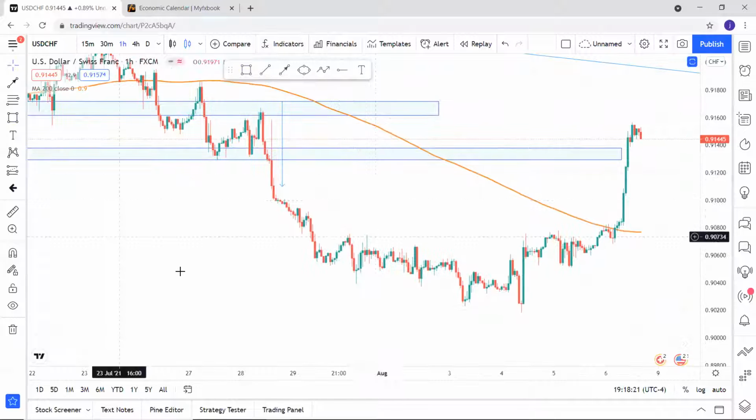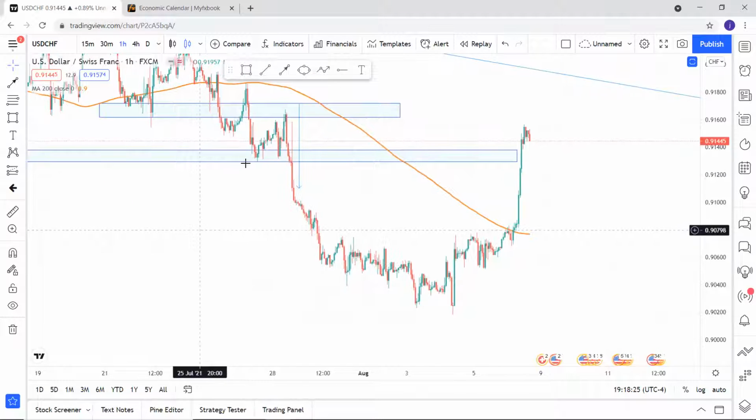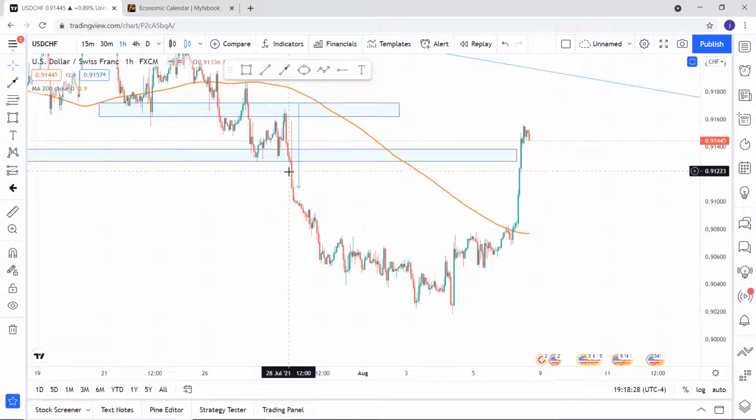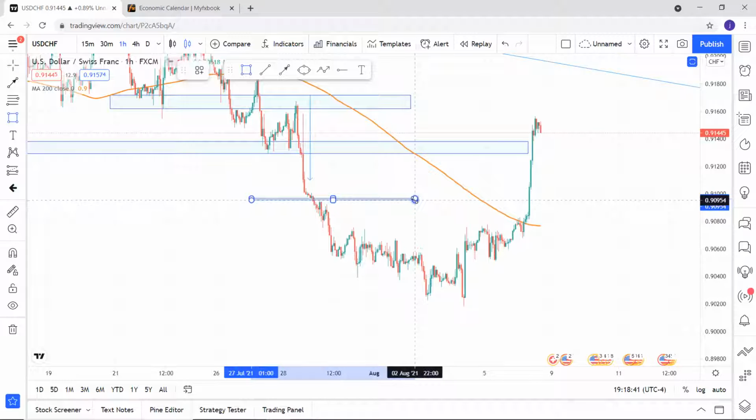Another way we could tell that this is an impulse move as well is because, as we continuously started going down, we don't have any clear solid retracements on this as yet. Price continuously pushed down. It's not giving us a proper point of entry.